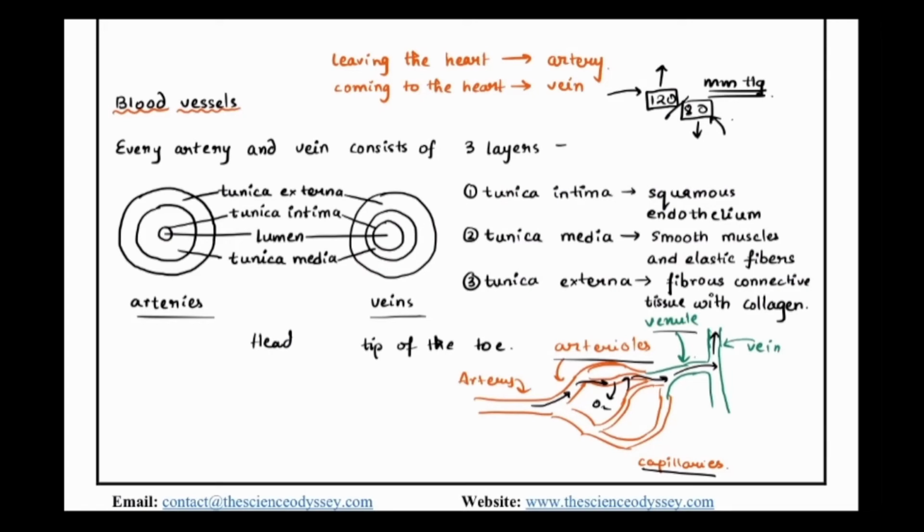From these two concepts, we can make out what is a pulmonary artery, what is a systemic artery, what is a pulmonary vein, what is a systemic vein, and also what are coronary arteries and what are coronary veins. Whenever we say the term systemic, we refer to the systemic organs of the body, all the organs of the body.